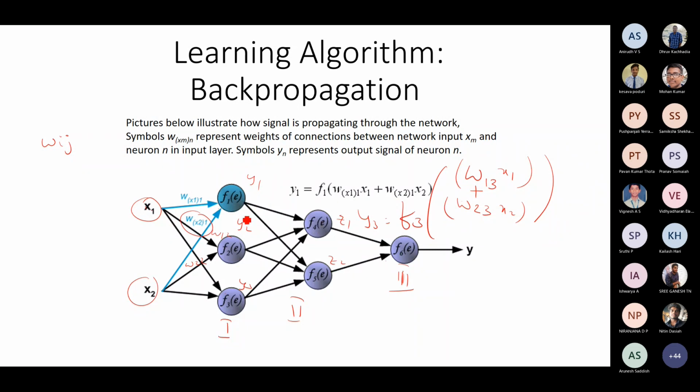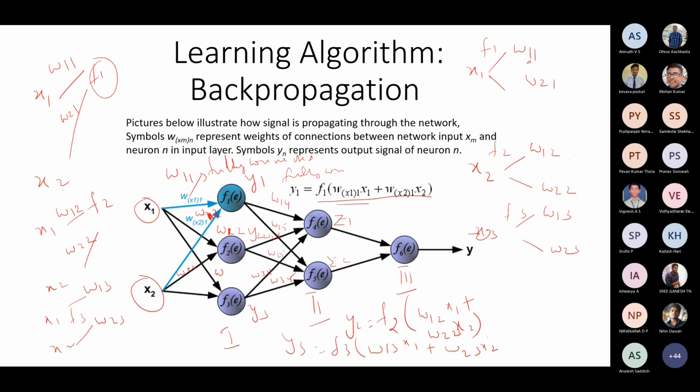Now when I look at Y1, my W is going to be different. So here you have F1, F2, F3, and the weights W12, W22, W13 and W23 are given to this particular block.